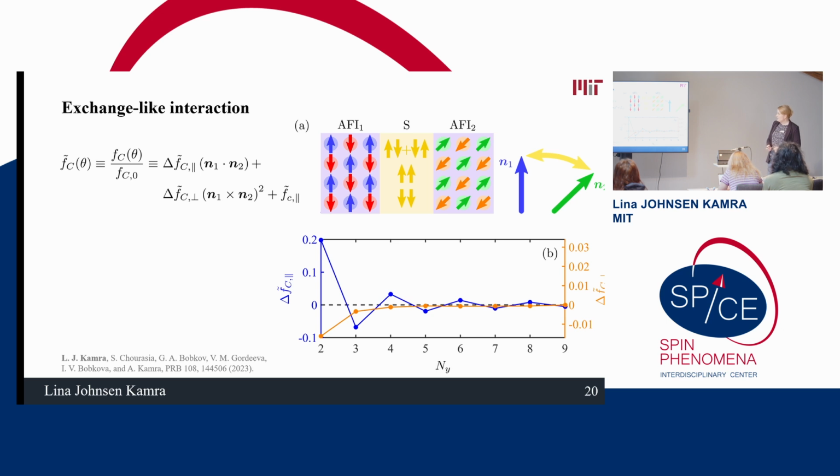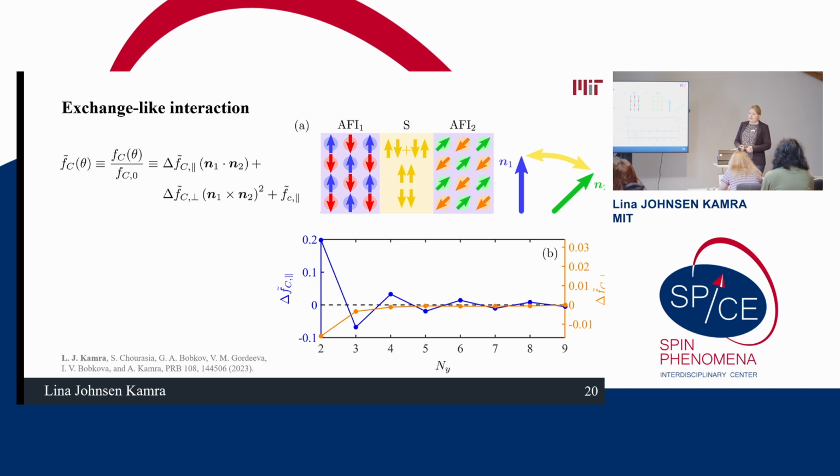Now, similarly, we can consider the free energy in this system, and it takes a similar form where the cosine theta has become a dot product between the two Néel vectors, and the sine squared term has become a cross product between the two Néel vectors squared. And the coefficients take a similar form, where the blue curve here shows the coefficient for the dot product term still oscillating, while the cross product squared is decaying and much smaller.